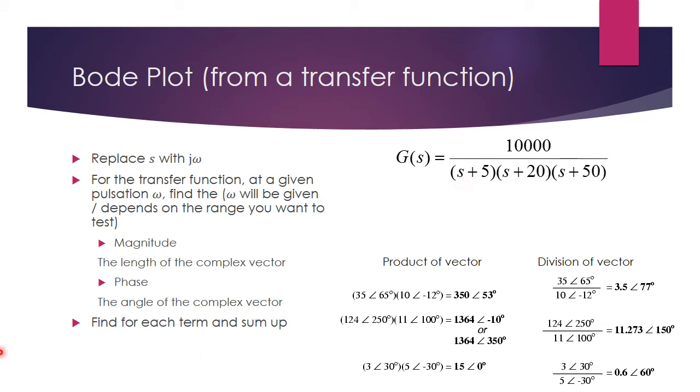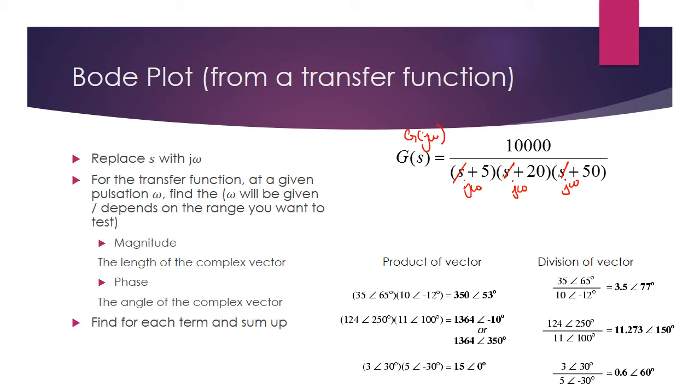Let's do this together. You take a pen. We replace s, and G(s) will become G(j omega), a purely pulsation input. So here it's not s anymore, it's j omega plus 5, multiplied by j omega plus 20, multiplied by j omega plus 50.